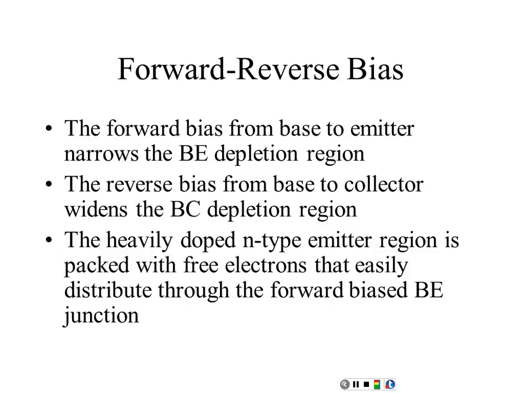The forward bias from the base to emitter narrows the base to emitter depletion region. The reverse bias from the base to collector widens the base to collector depletion region. And this is what we have to look at. So let me throw up a diagram right here. Of course, we're going to have to put resistors in here, but think about this.